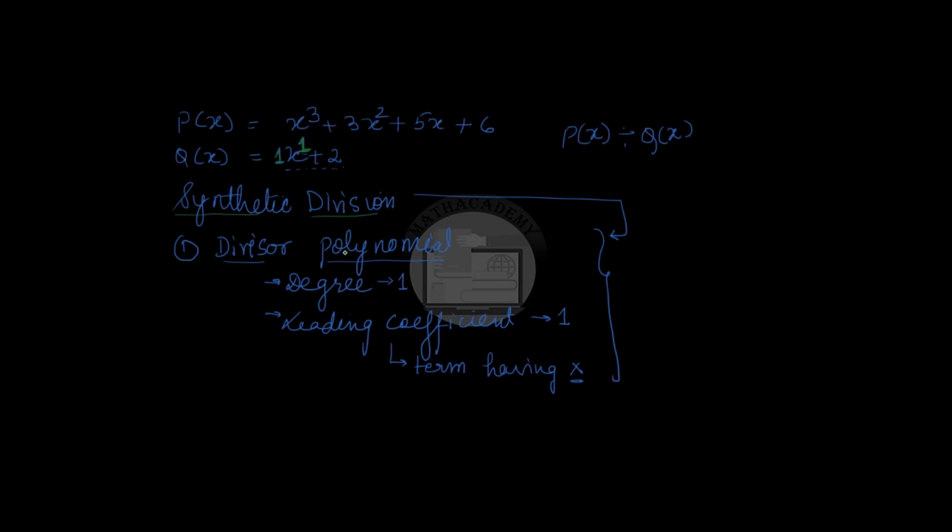It is a shortcut to long division, and let us see how we do synthetic division in this case. So the first step is to check and write p(x) in descending order of the powers of the variable. The first step to do the synthetic division is to write the coefficients of each term.